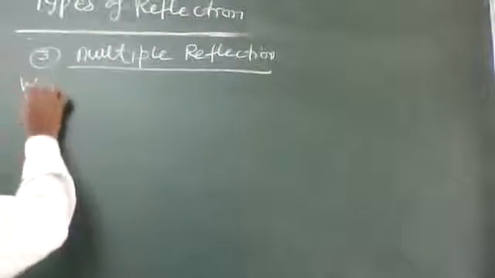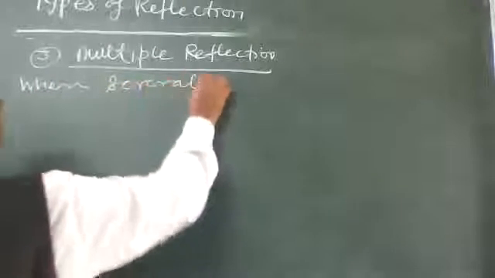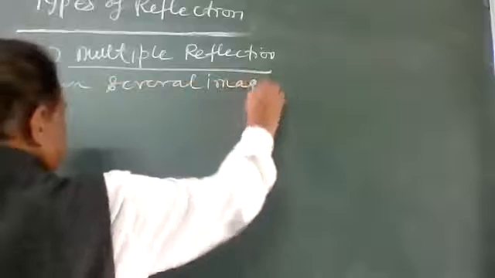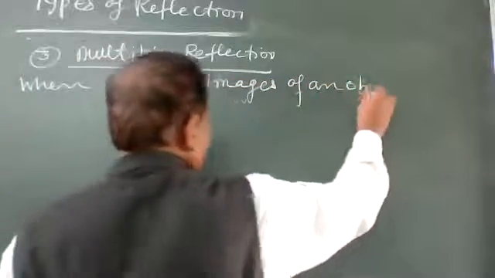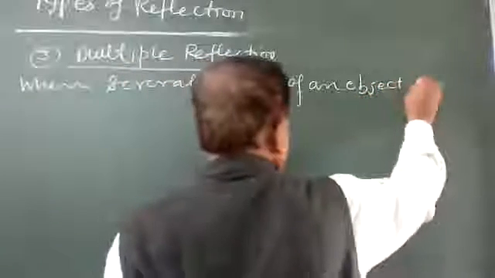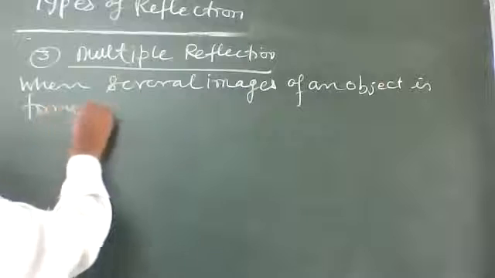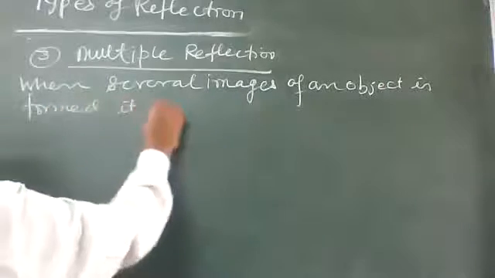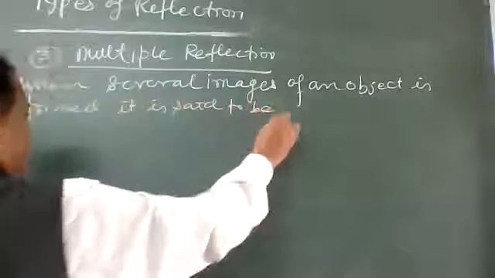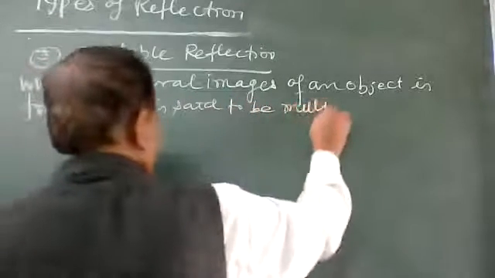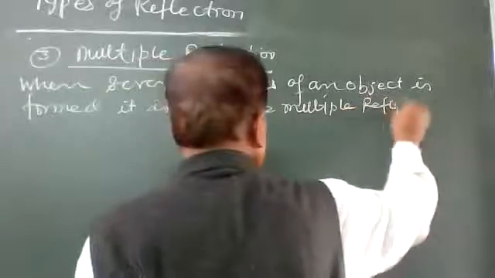When several images of an object are formed, it is said to be multiple reflection.